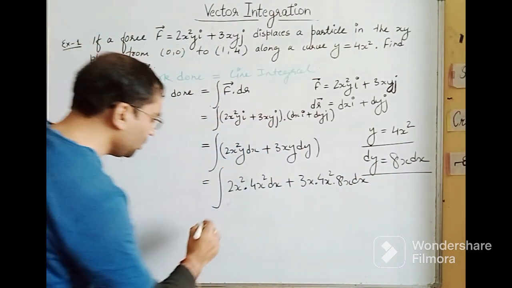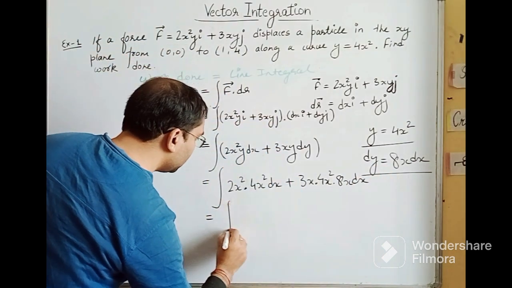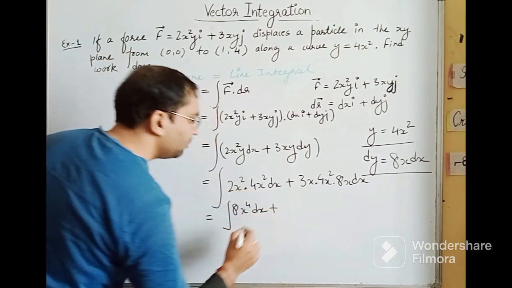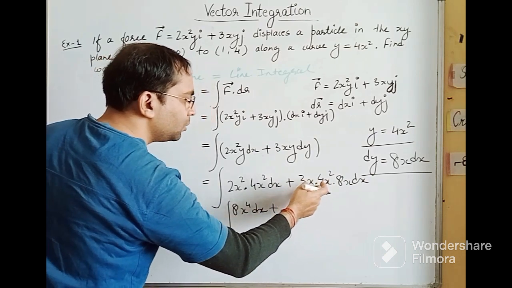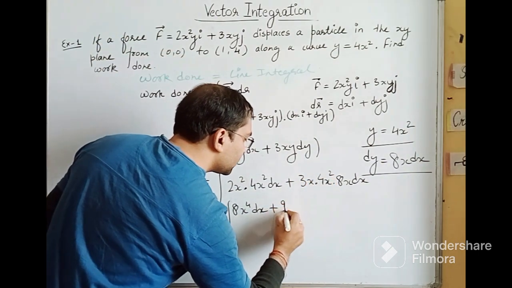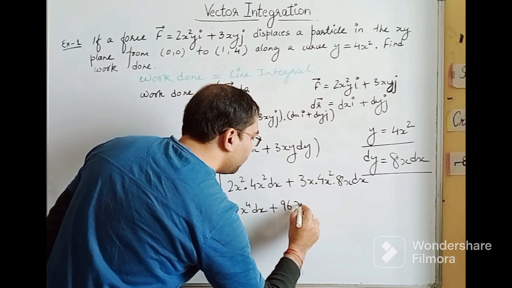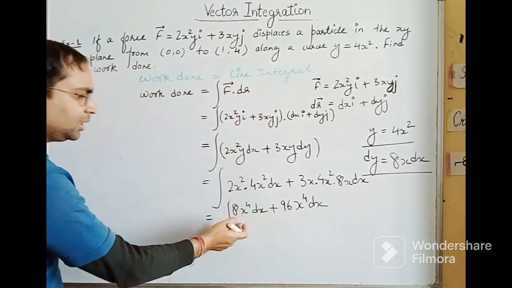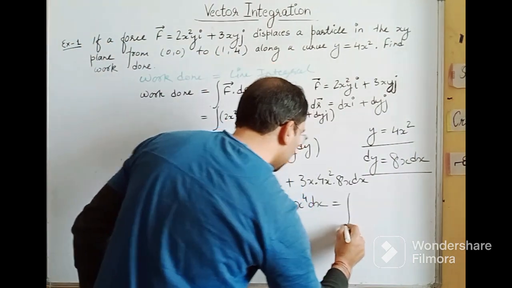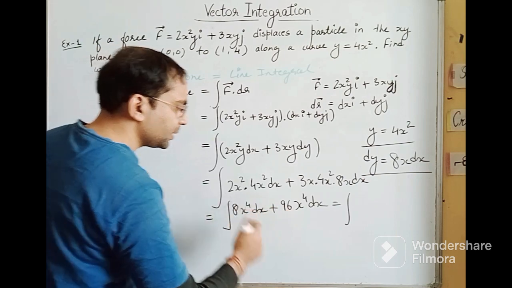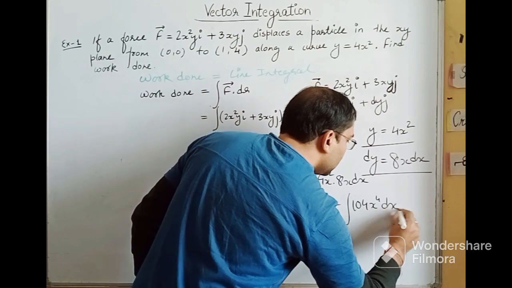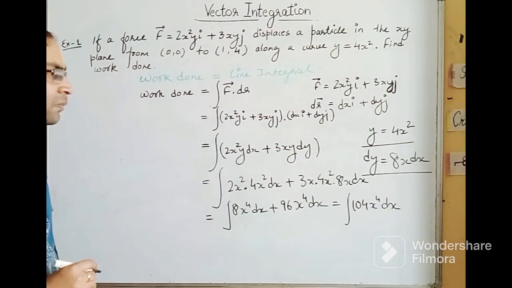Once we combine all this, we get the integral of 2 times 4 is 8x to the power 4 dx, plus 3 times 4 is 12, and 12 times 8 is 96x to the power 4 dx. You can see x to the power 4 and x to the power 4 are the same, so we sum this up. Finally the integral is 104x to the power 4 dx.